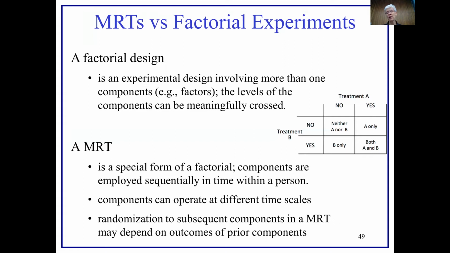Treatment A might be whether we provide a suggestion at time 1. Treatment B is whether or not we provide a suggestion at decision point 2, and so on and so forth. So it's a special form of factorial where the factors occur over time. But we also have factors that are occurring at different time scales, like the evening planning that we randomized in HeartSteps.